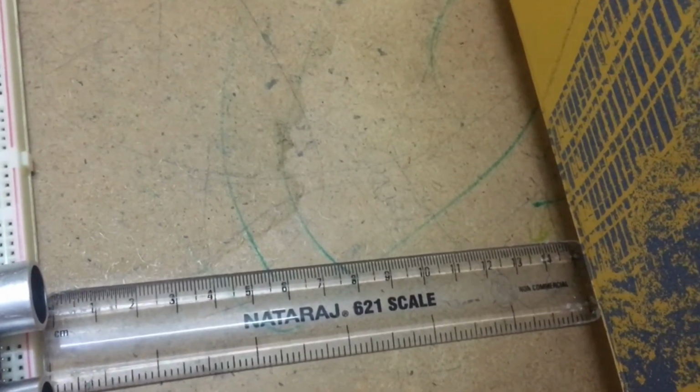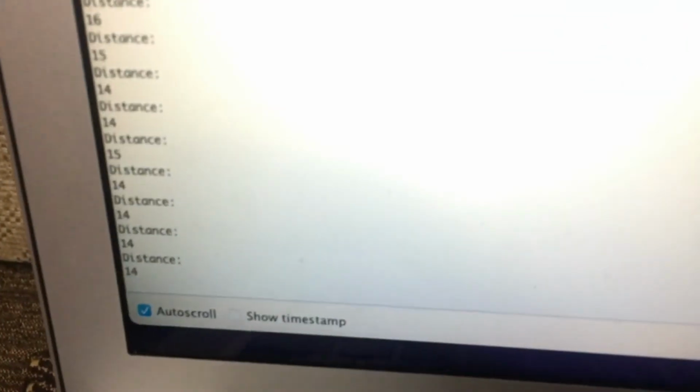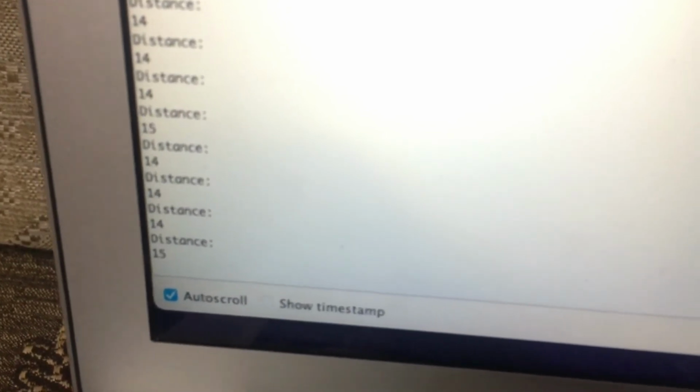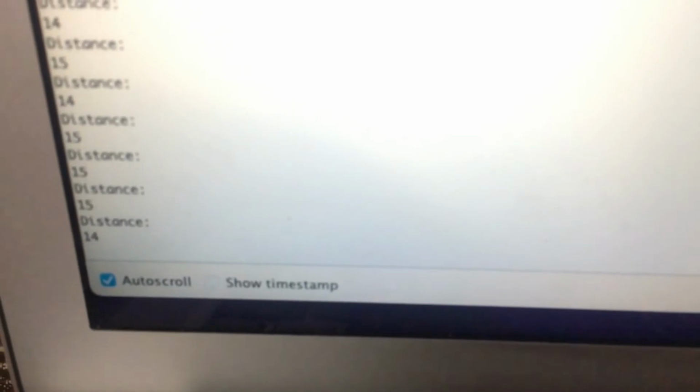At the end I am keeping it at 15 centimeter. There is a gap of 800 milliseconds in between. I am moving 14 to 15, 15 to 14, like that. So it is showing somewhat 14 here.